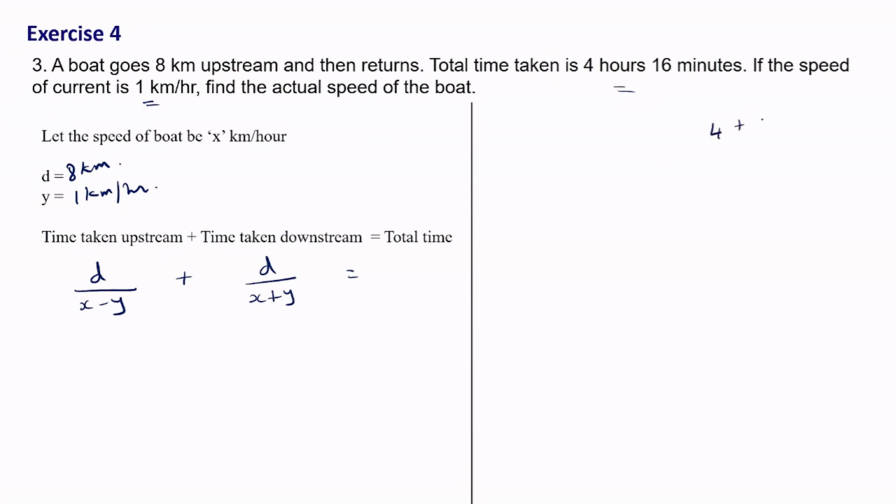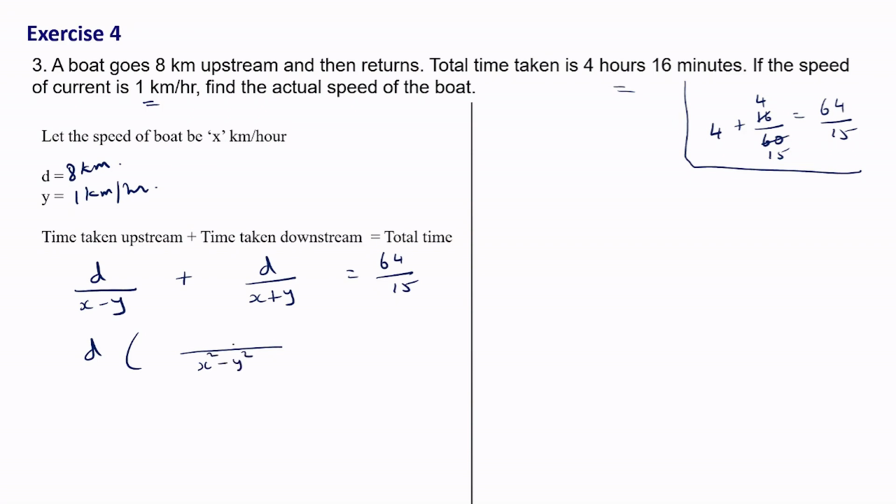4 hours 16 minutes is nothing but 4 plus 16 by 60, so it is 64 by 15. So the total time is 64 by 15. Let us take d outside, and here the LCM is (x minus y) into (x plus y), which is x square minus y square.